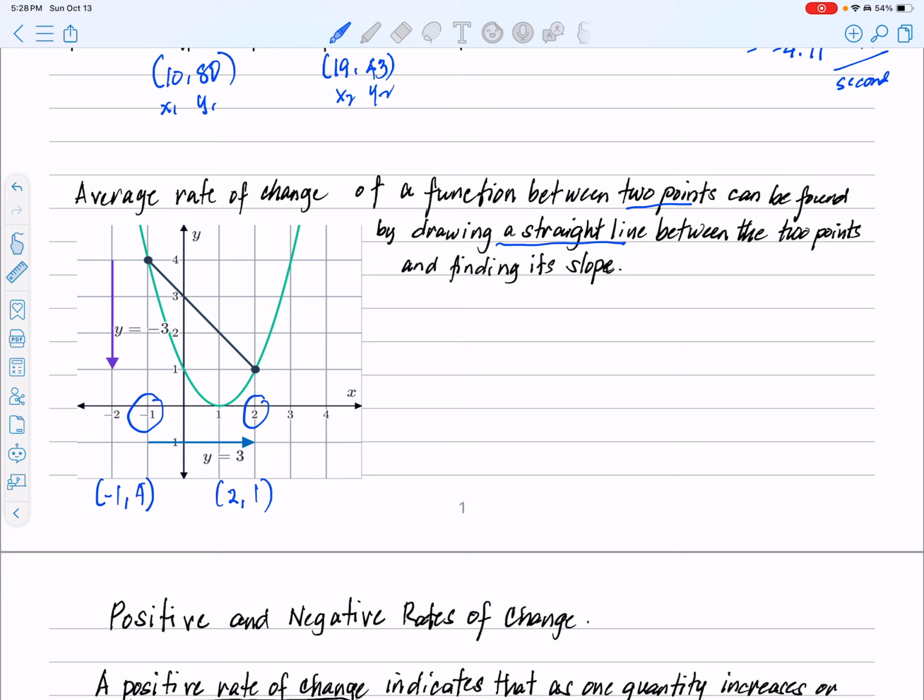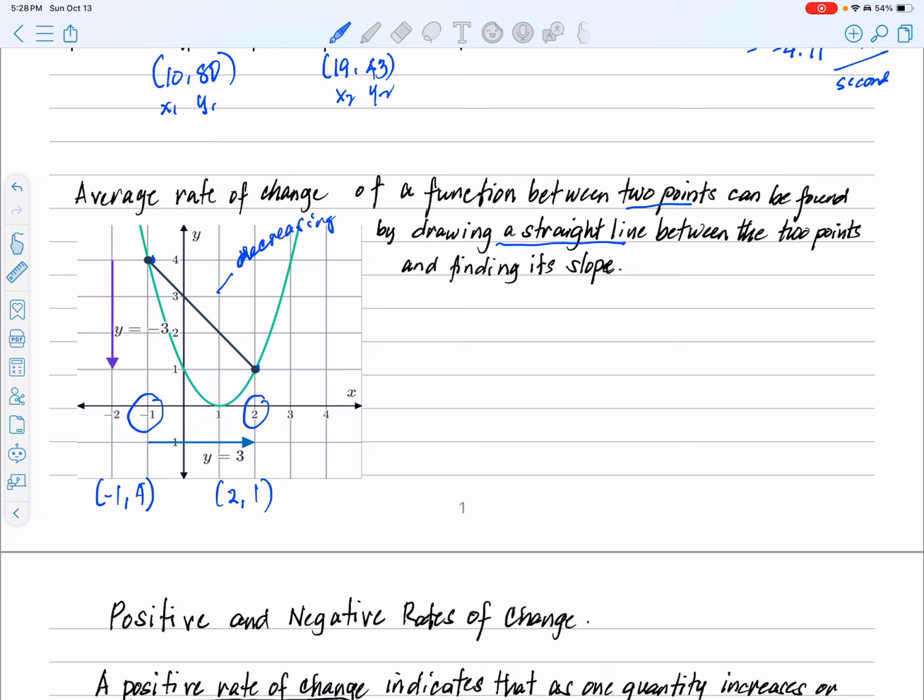By looking at the line, when we connect these 2 points right here, we could tell right away that this is decreasing, because the line goes from top left down to the right.